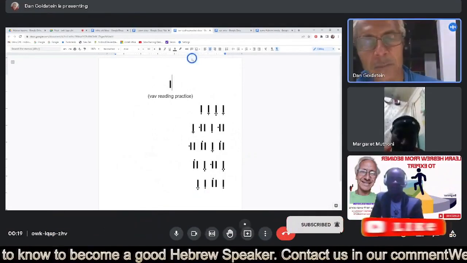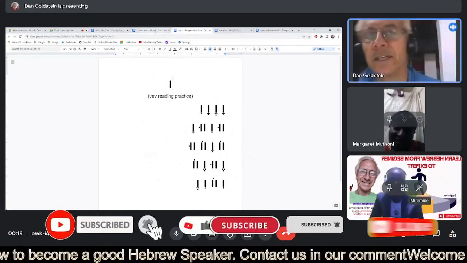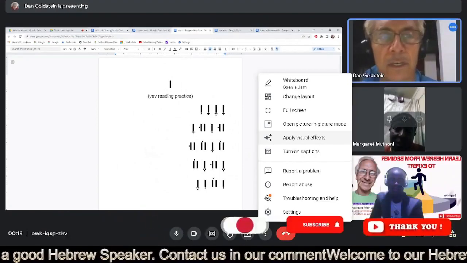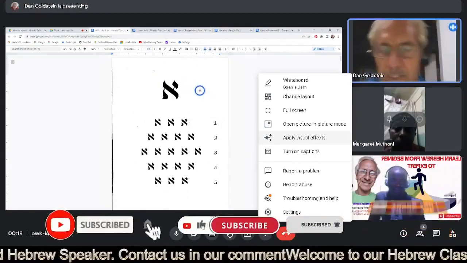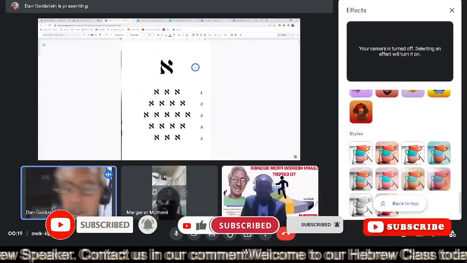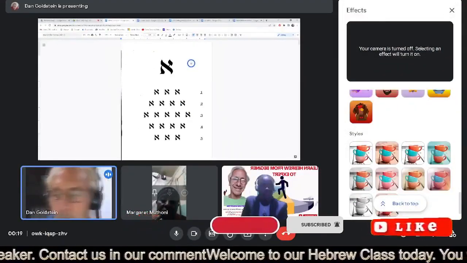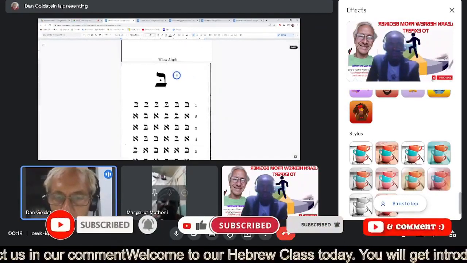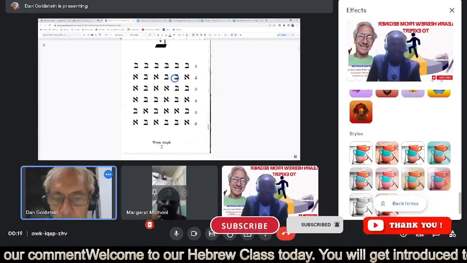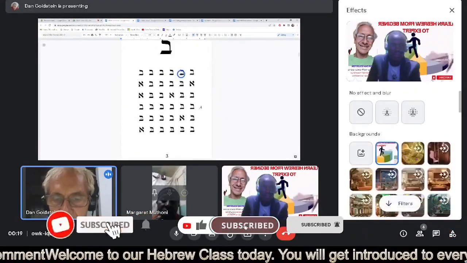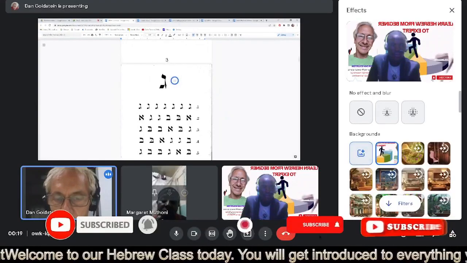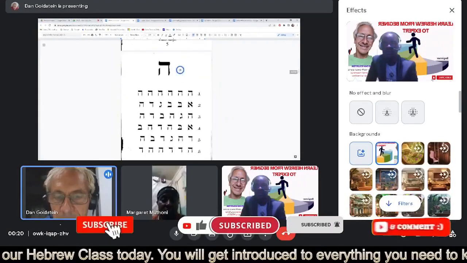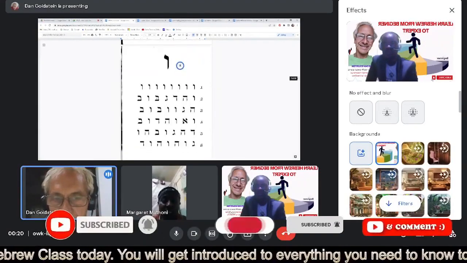The next exercise that we do every day, Margaret, is to remember the names of the letters. We don't worry in this exercise about pronouncing vowels underneath them. We only want to review the letters that we've learned. You've learned the aleph. We've also learned the bet, the vet, the gimel, the dalet, the hay, and now the vav.